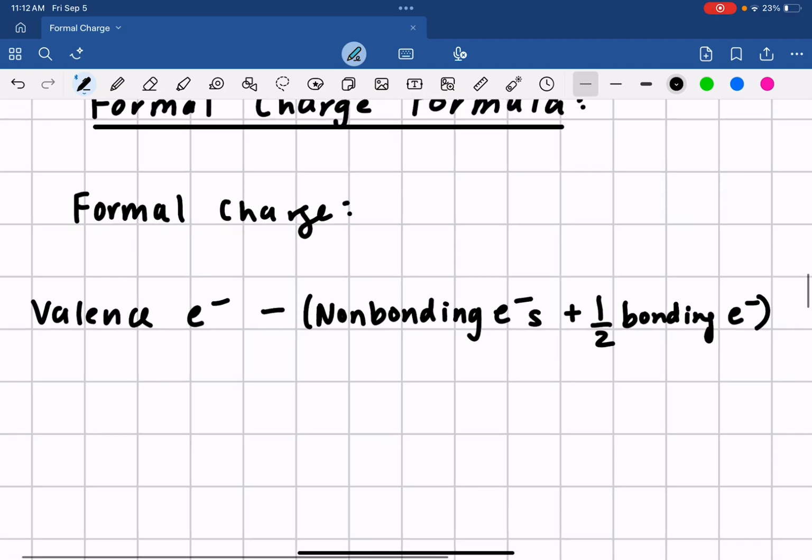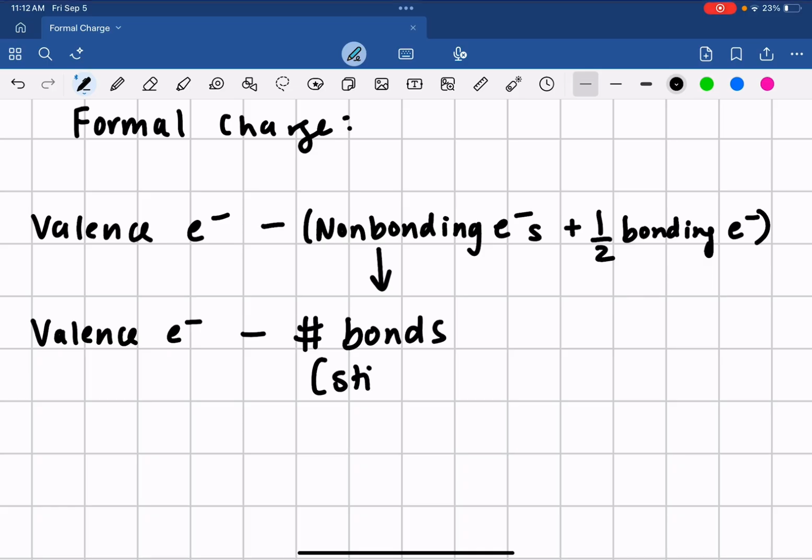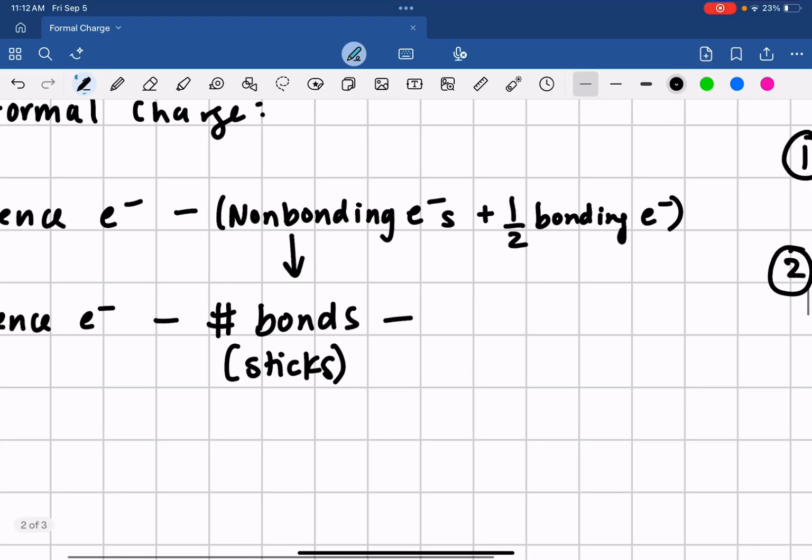When I was studying formal charges, this made no sense to me. But a better way, I would say, to calculate formal charge is valence electrons minus the number of bonds you see, so the number of sticks, minus the dots.